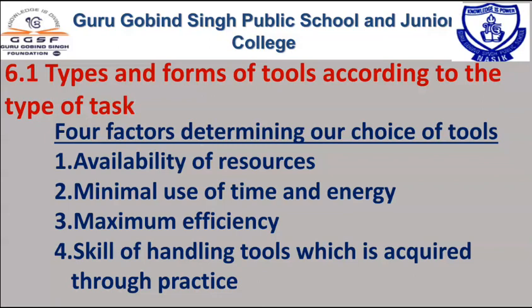Suppose we got an iron rod, or a very sharpened, pointed object to dig the shiny object from the ground, then it will save our time and also save our energy, right? And then maximum efficiency. Maximum efficiency means the time taken to complete the task should be utilized properly. It means the particular work should be completed within a specific time limit.